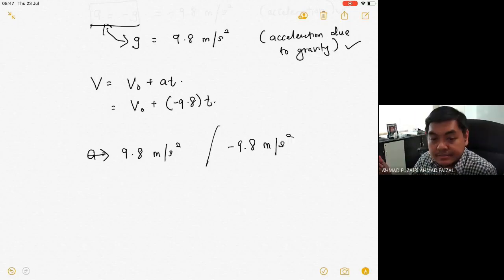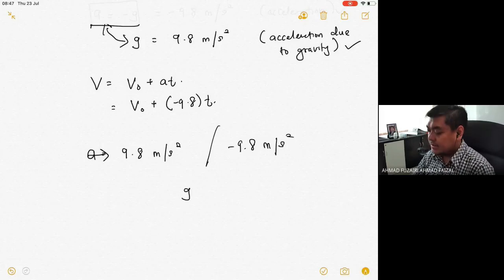Am I right, Adam? Normally, 9.8 is always associated with gravity. Remember, A can be any value, but for G, definitely we will use 9.8.